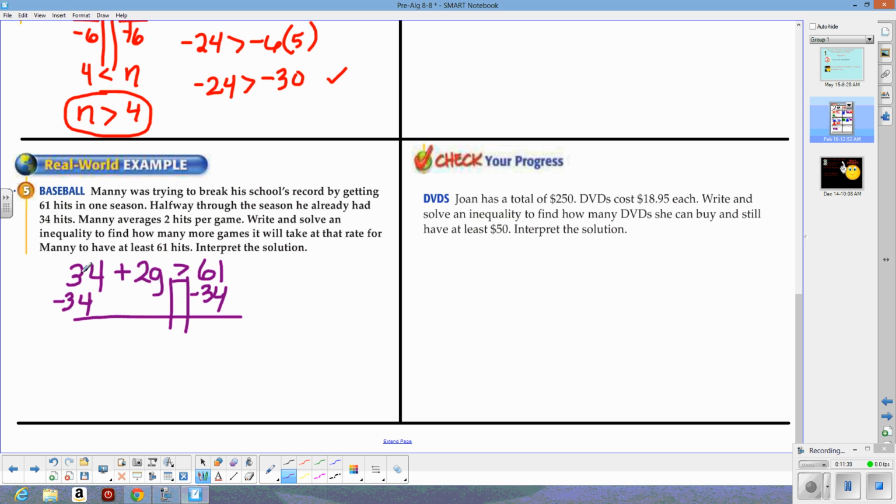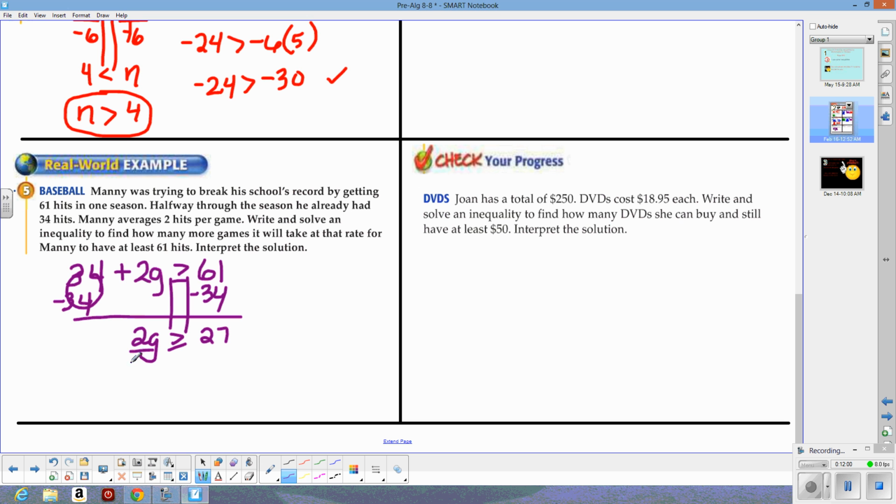And on the left side, you would end up with 2G is greater than or equal to 61 minus 34. 61 minus 34 equals 27.